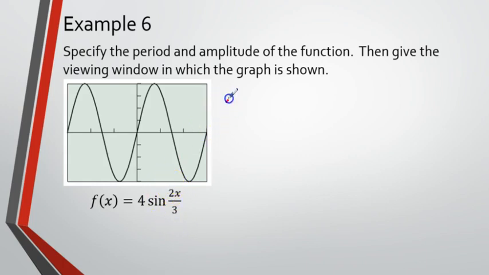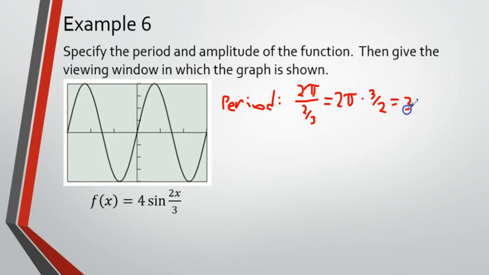So for my period, I need to be able to say 2 pi divided by 2/3, but instead of having a fraction divided by a fraction, we find that easier to evaluate as 2 pi times the reciprocal of what's in the bottom. So I'm basically doing keep, change, flip. So 2 pi times 3/2 instead. And then in this case, the 2's will cancel out, so the answer is 3 pi.